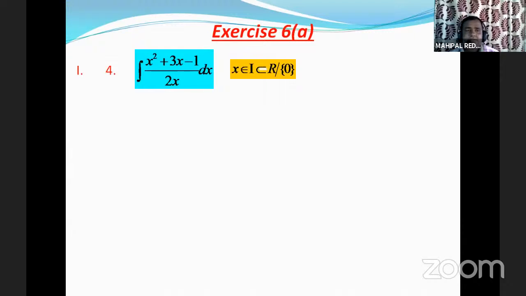Fourth one: integration of x squared plus 3x minus 1 by 2x. Evaluate or find the integration of x squared plus 3x minus 1 by 2x. Again, the solution is the same. What is the given question here? Integration of x squared plus 3x minus 1 by 2x.